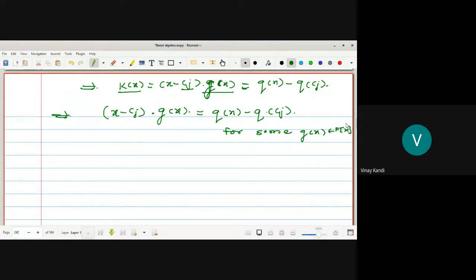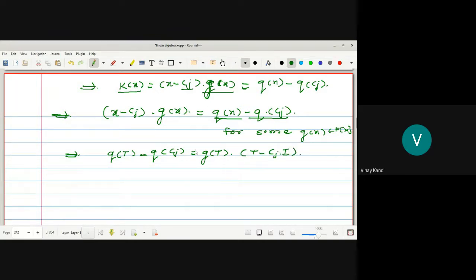Okay, so this implies, put x is equal to t here: q of t minus q of cj is equal to g of t into t minus cj into I. Is it correct?